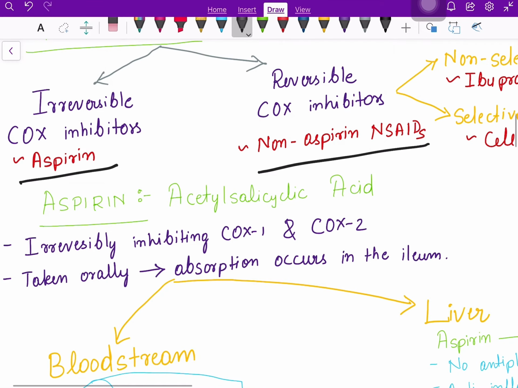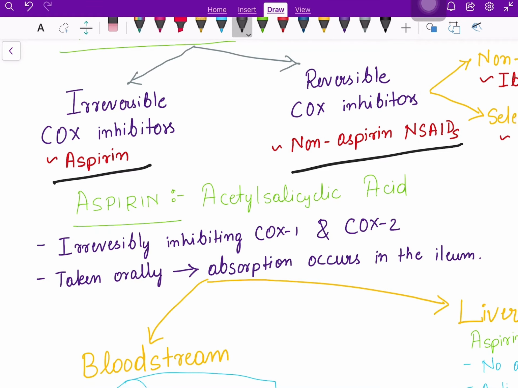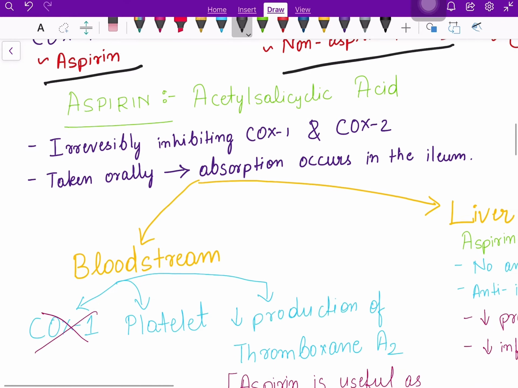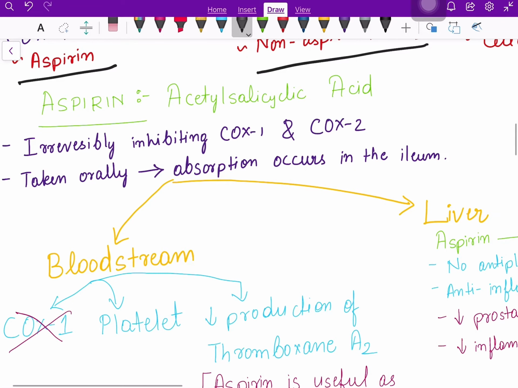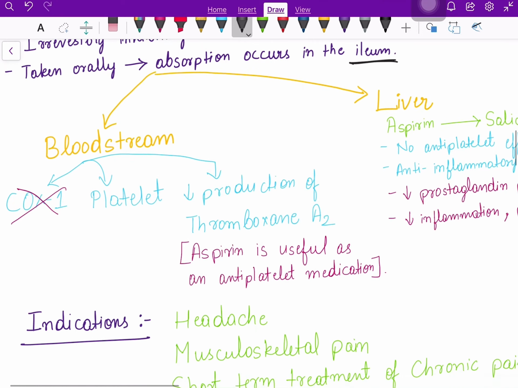Now starting with aspirin, what is it? Irreversibly inhibiting COX-1 and COX-2. It is taken orally and the absorption occurs in the ileum. Mostly, not all the time, but in most of the cases the absorption occurs in the ileum. Then it goes to the bloodstream. In the bloodstream, it inhibits COX-1, then decreases the production of thromboxane A2, and hence aspirin can also be known as antiplatelet medication.